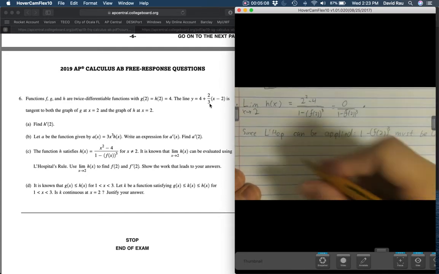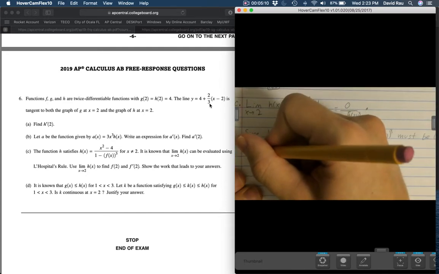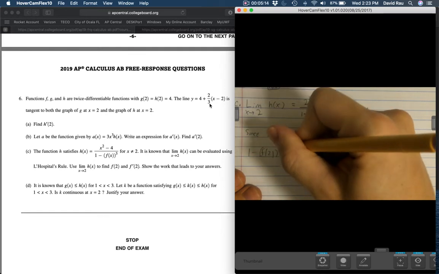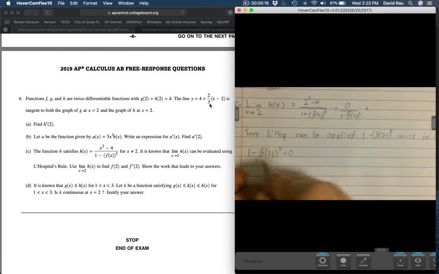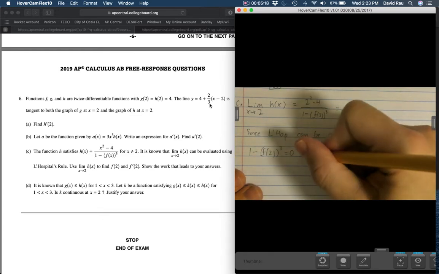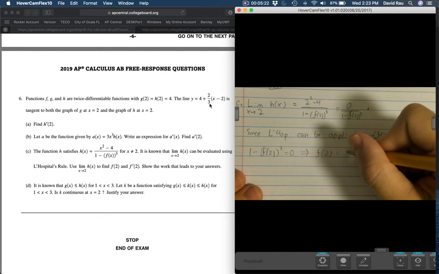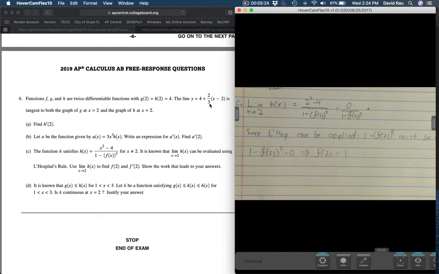And so if that's true, well then 1 minus f of 2 cubed equals 0. And I'll let you work out the algebra, but long story short, that means f of 2 has to be 1. So now we've answered part 1. We now know what f of 2 is.